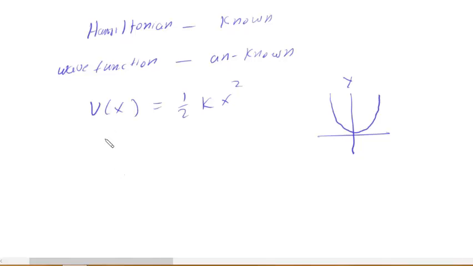According to the variational principle, it gives an upper bound to the ground state energy. Let's say this is the ground state, then the variational principle will find the upper bound to the ground state, like the excited state.